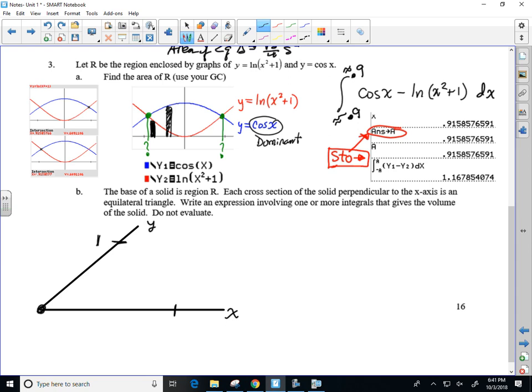So let me put a 1 here. 0.9 would be like, 0.6 would be like, so something like this. That would be the intersection. We don't really need the intersection. We can just do a ballpark.